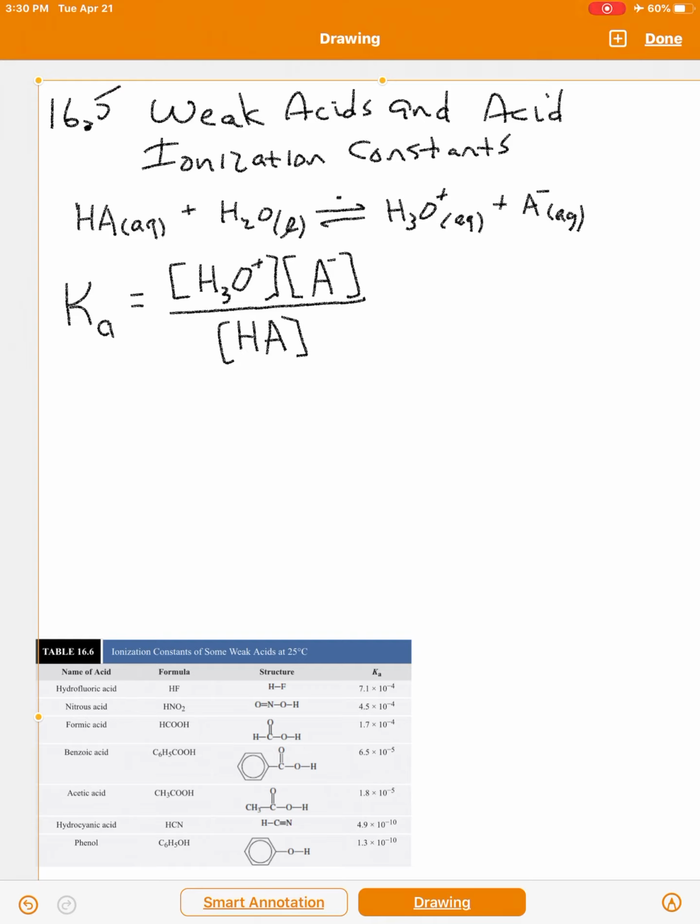Another common weak acid is acetic acid further down the list. Acetic acid has an acid ionization constant of 1.8 times 10 to the negative 5. So that list is in the order of largest Ka to decreasing Ka values down to the lowest value in this list, which is phenol. Again, this is not an exhaustive list. This is just a few selected.